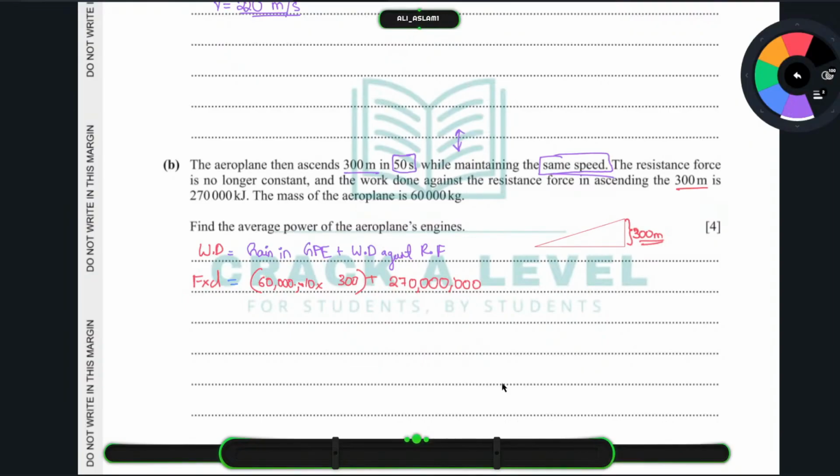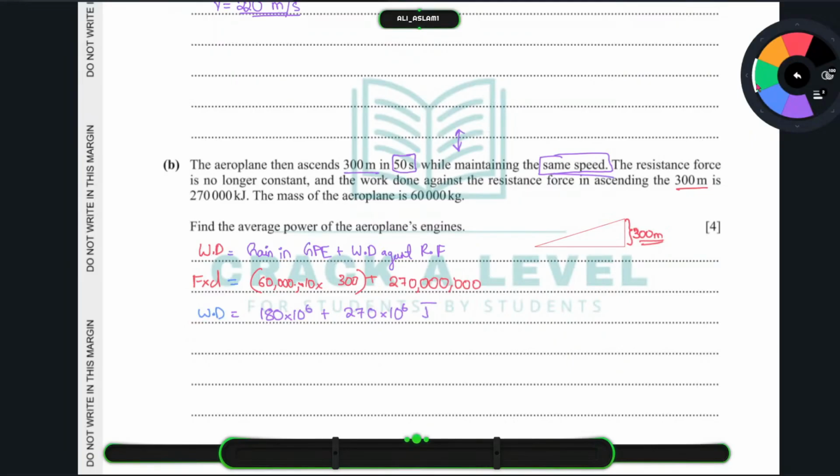This becomes 180, if I can write in exponents, 180 exponent 6, plus 270, 1, 2, 3, 4, 5, 6, 270 exponent 6 joules. This is the work done, which is basically equivalent to FD.